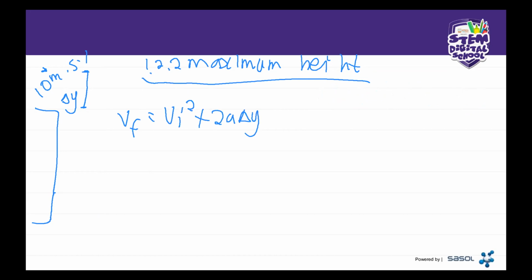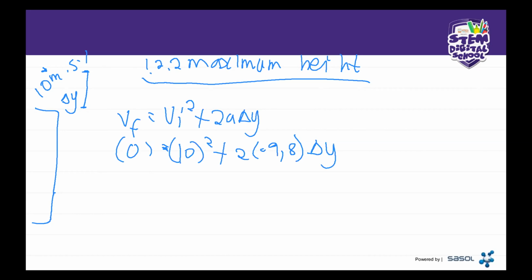So here, our final velocity, we know they already told us, because the stone falls down. So when it falls down, there is no velocity, it's 0. So that's why our final velocity is 0. And then our initial velocity is going to be 10, plus 2, minus 9.8, change in triangle y.